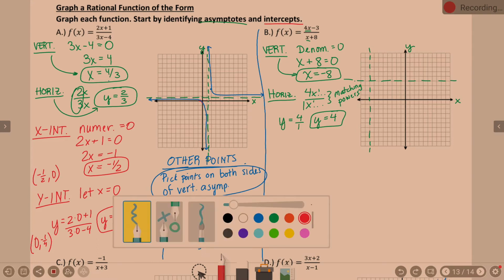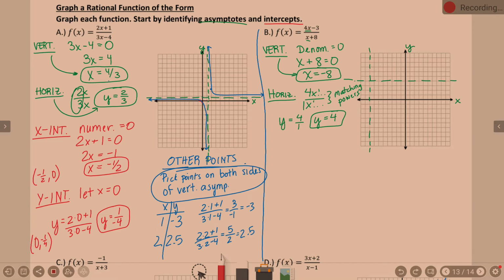Now, on the front, we pretty much just did asymptotes. But then on the back, I know some of your homework questions will ask about intercepts. So we talked about intercepts. How do we find an x-intercept? Numerator equal to 0. Because remember, an x-intercept happens whenever y equals 0.